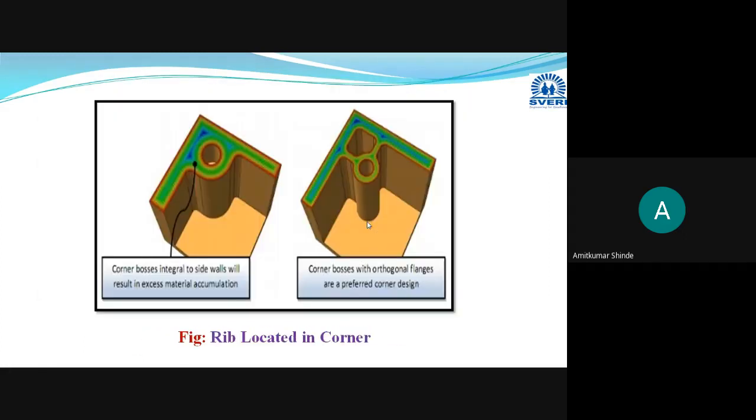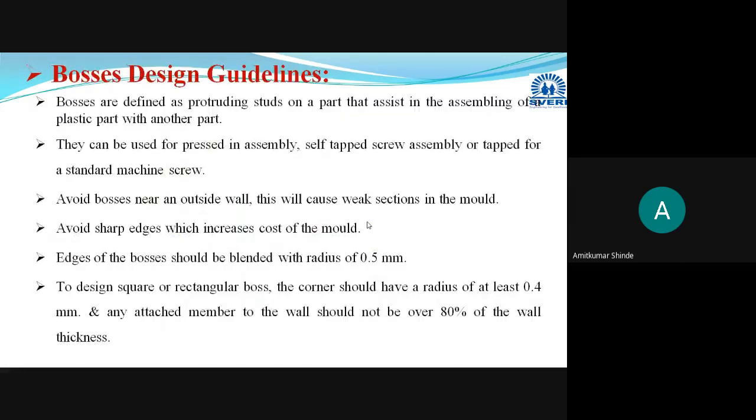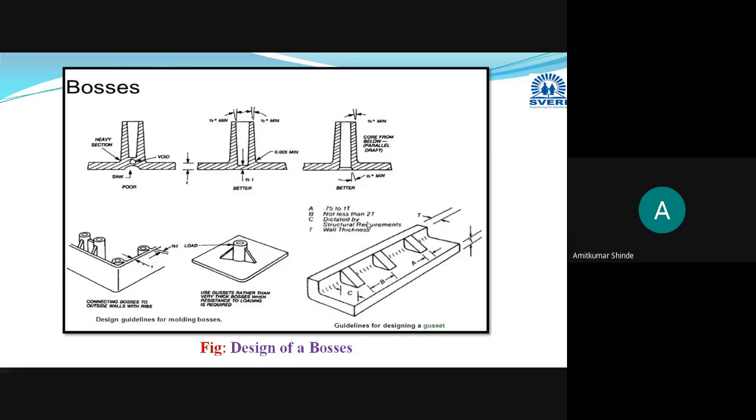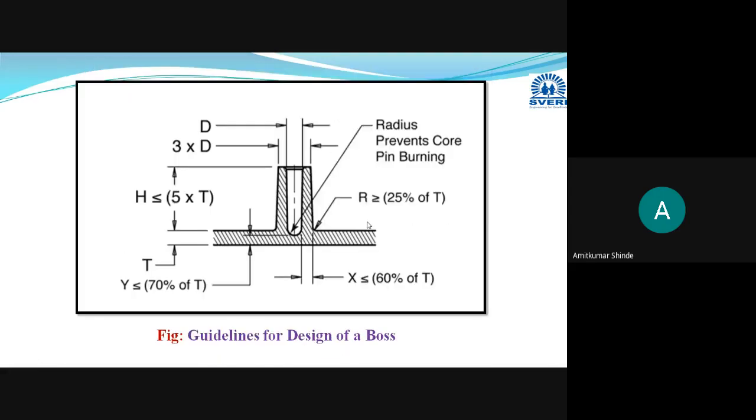Then we discussed the design of the boss. It is a protruding stud, a hollow cylindrical extension, which helps us assemble two plastic parts. We discussed how it should be designed, and why ribs and gussets are provided while designing the boss.